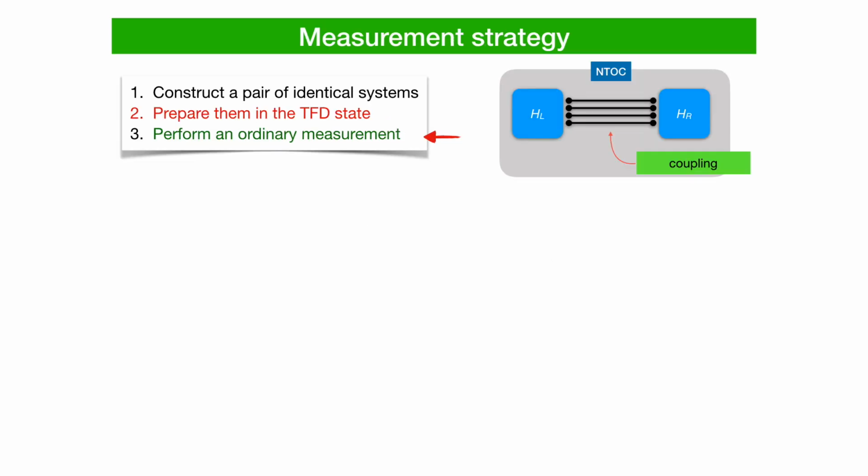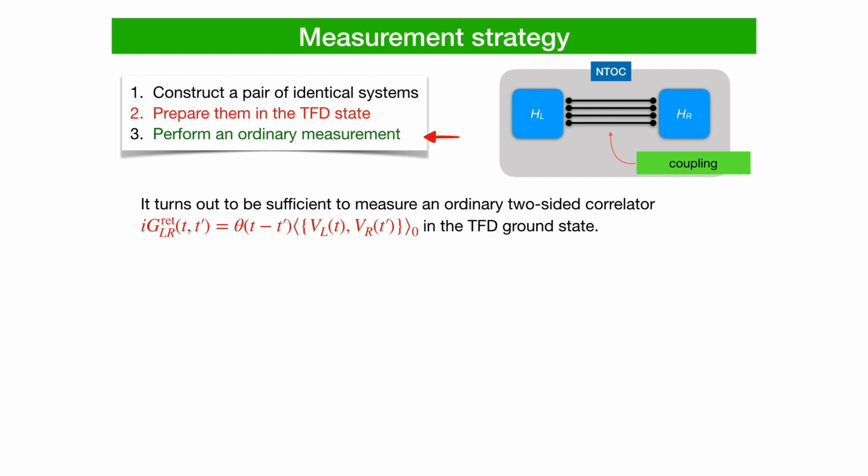So what would you measure? And here's another interesting result. At first, we thought you would have to do some sort of non-equilibrium measurement to excite the system, wait, and then measure something. It turns out it's sufficient to measure a two-sided causal correlator with V left and V right being just two arbitrary operators that act on the left and right side respectively.